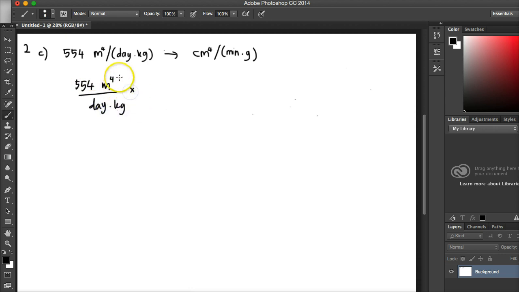So first we convert meters to centimeters, and so 100 centimeters is equal to 1 m, and make it to the 4.